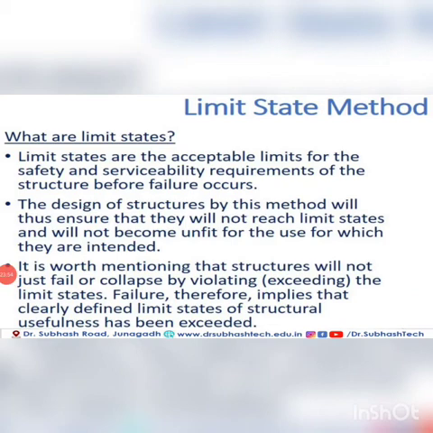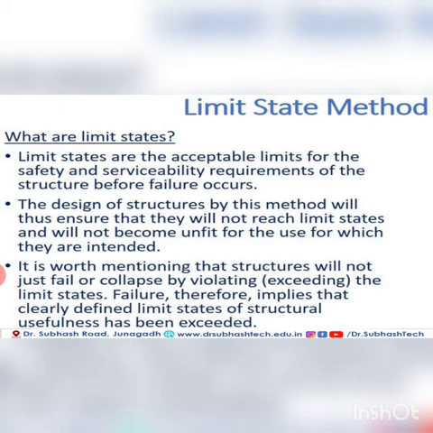Limit state method. What are the limit states? First, limit states are the acceptable limits for the safety and serviceability requirements of the structure before failure occurs.